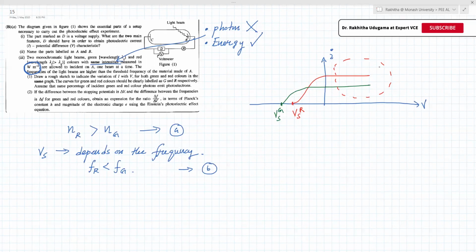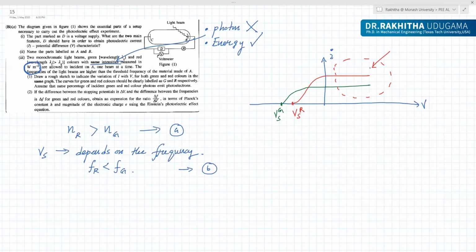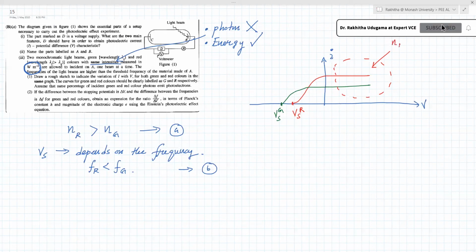Why is this happening? Because they have given you a condition where the energy intensity is equal in both cases. That means that will tell you N_R is greater than N_G.